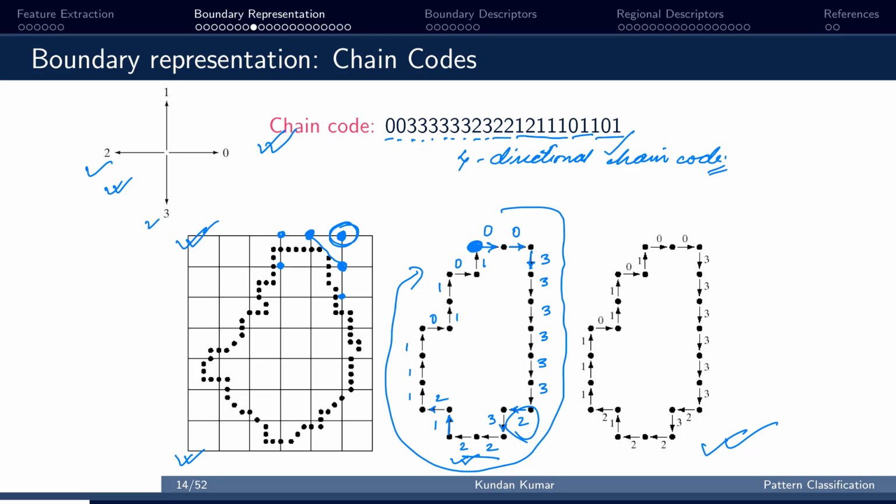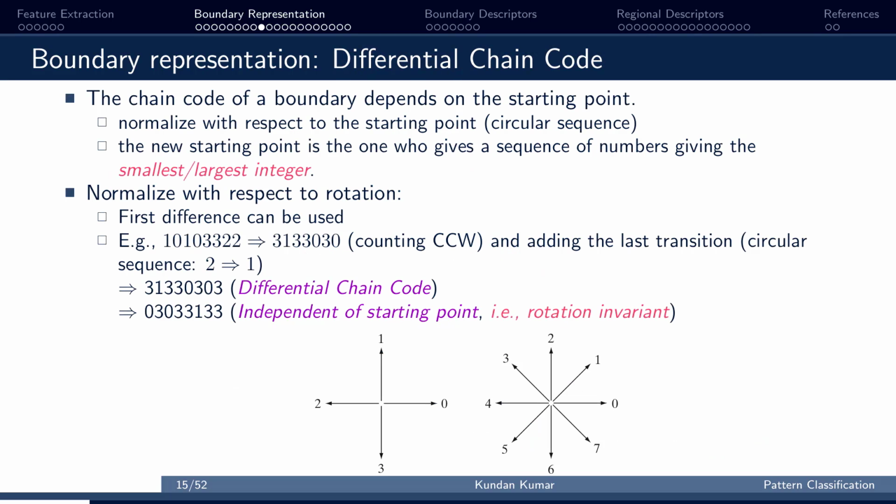So the Chain code of a boundary depends on the starting point, as we have chosen the starting point as the left top corner of an object. So it depends on the starting point, so it will be rotation variant.